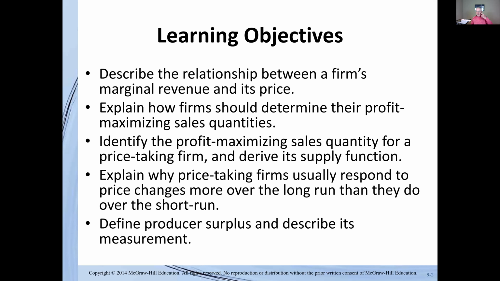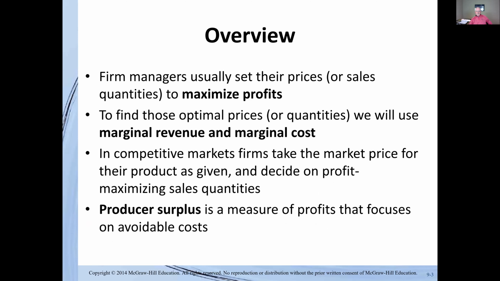And then we'll explain why price taking firms usually respond to price changes more over the long run than they do over the short run. And then we want to finish up with a discussion of producer surplus, which is the counterpart to consumer surplus on the supply side. So that's what we're going to do.